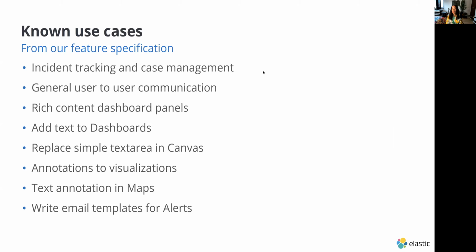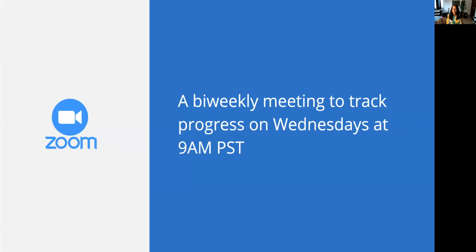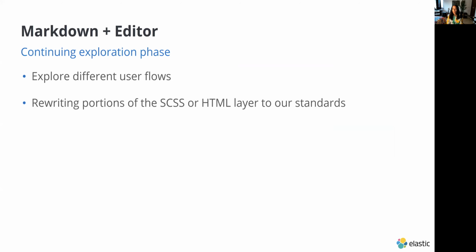So we started annotating everything, and after that, we decided to have a bi-weekly meeting to track all the progress, and we also continued exploring. Because we had use cases, we wanted to explore those, and I also wanted to grab Ian's initial pull request and start changing it and implementing the design.